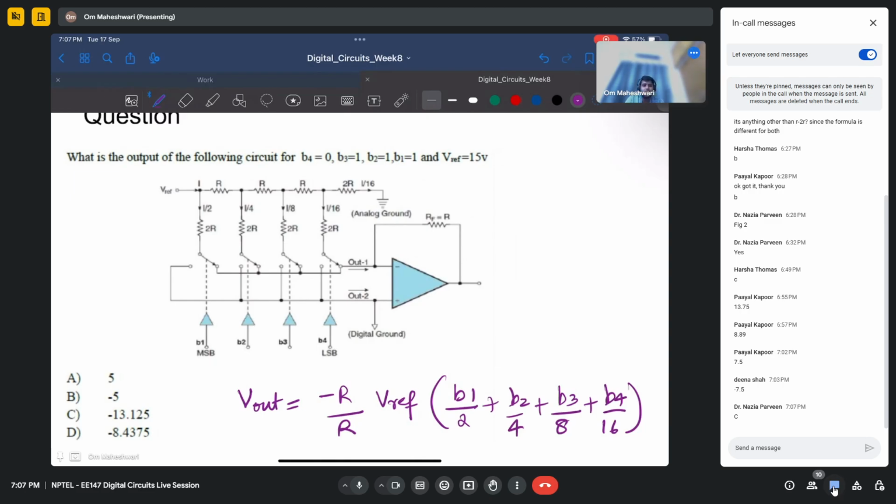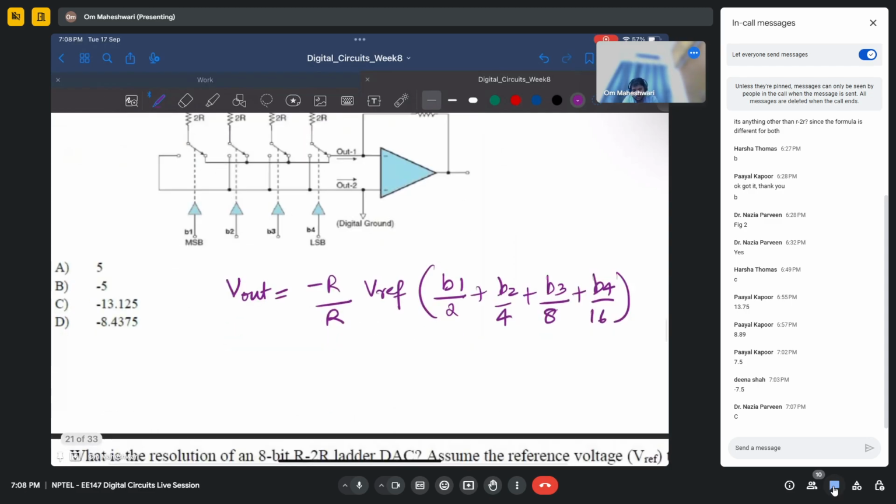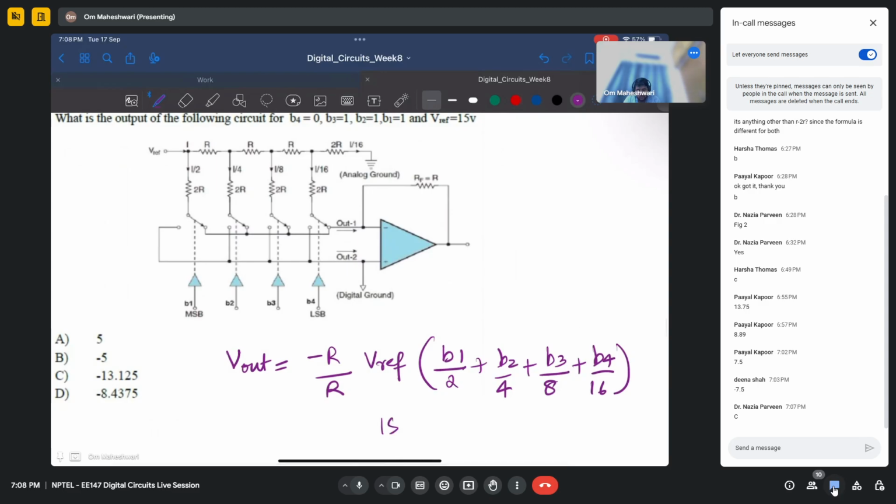So yeah, C is correct answer. If you solve it, you have 15, 0, this is 1, 1, 1, 0.